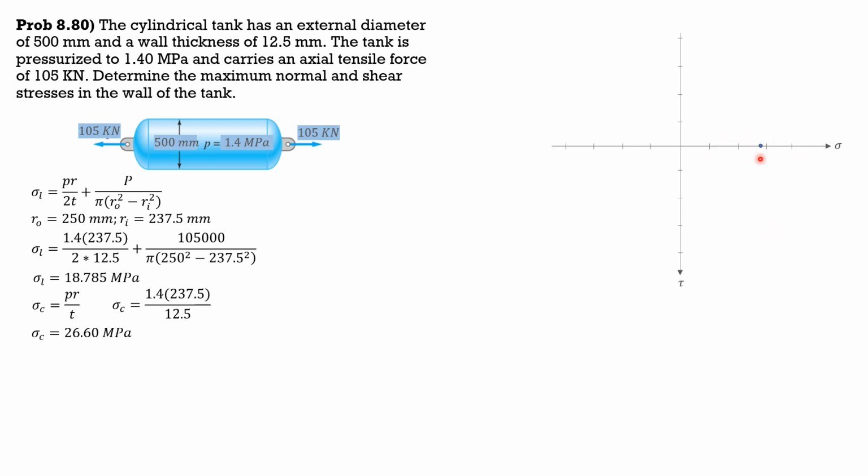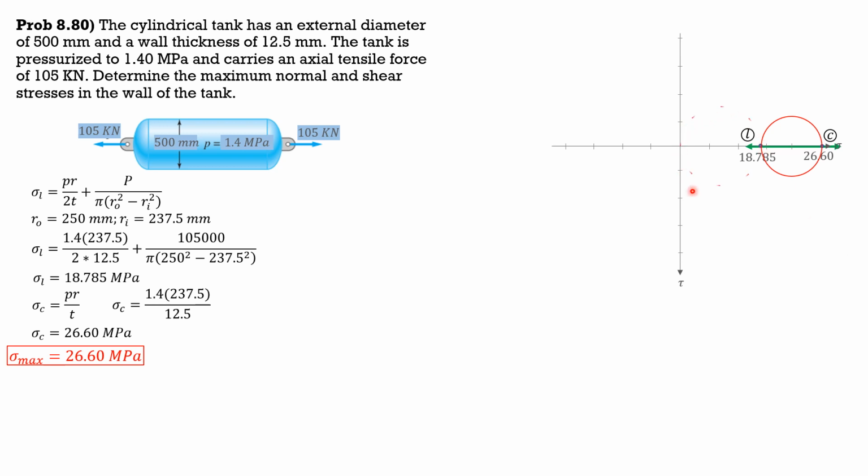So that's approximately 18.785. Then 26 would be somewhere here, 26.6. And this is the Mohr circle. This is the first point plotted, so this is the longitudinal axis. Sigma max therefore is 26.6, the farthest value from the shear stress axis. So this is the longitudinal axis and this is the circumferential axis.